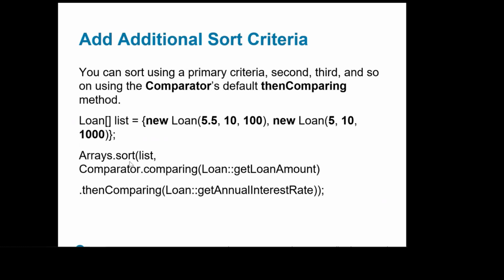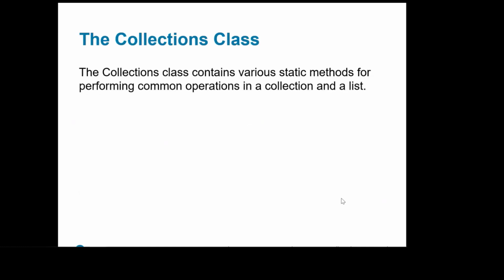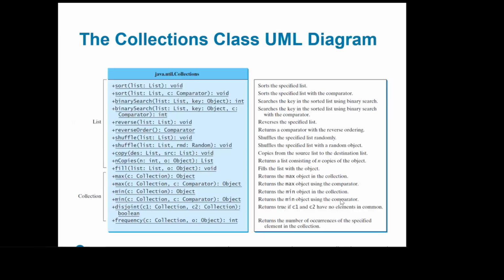Then, if you are specifying the basis of which attribute you want to compare, you can also pass it to Arrays.sort, the list which you want to sort, and then the criteria or the compare method you have to mention in the Comparator interface.